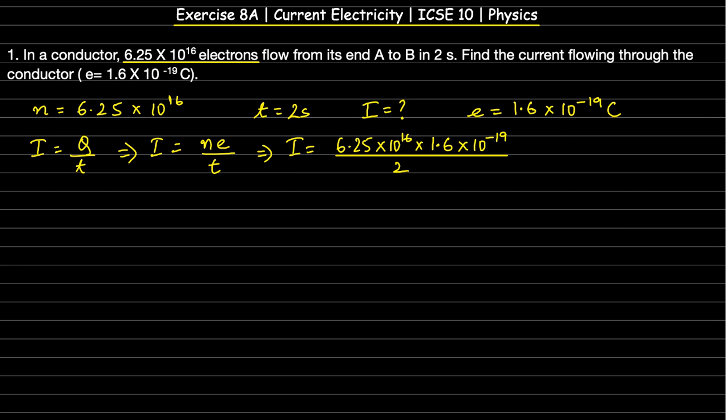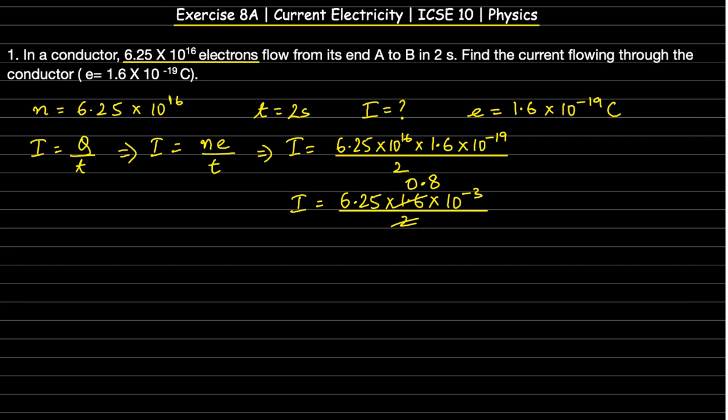So we get 10 to the power of plus 16 and 10 to the power of minus 19 is 10 to the power of minus 3. So we get I is equal to 6.25 into 1.6 into 10 to the power of minus 3 divided by 2. So we cancel this, 2 8s are 16. So here we get 0.8.